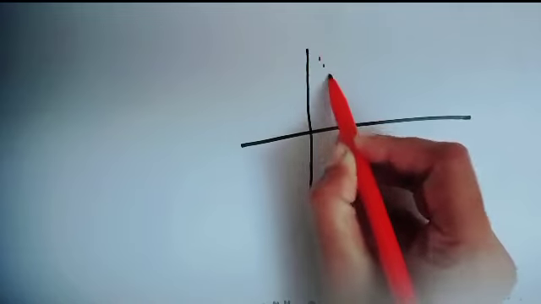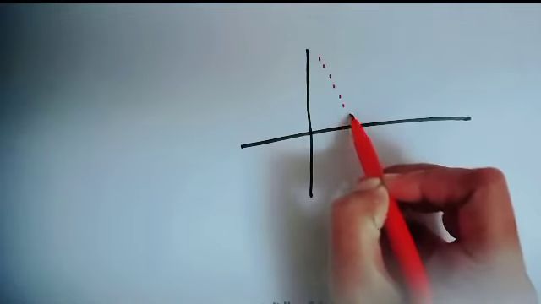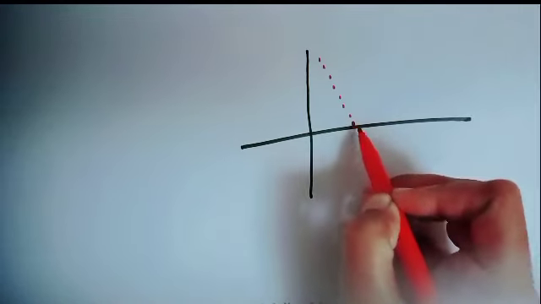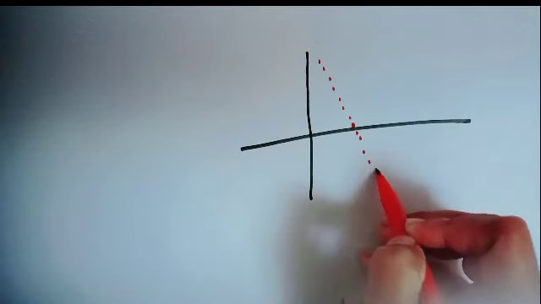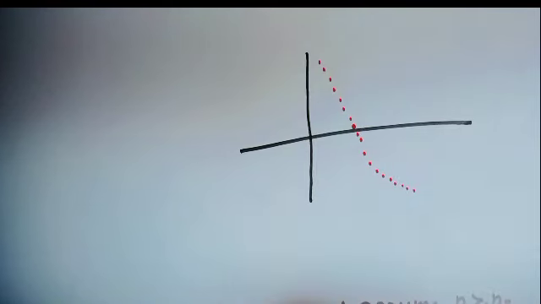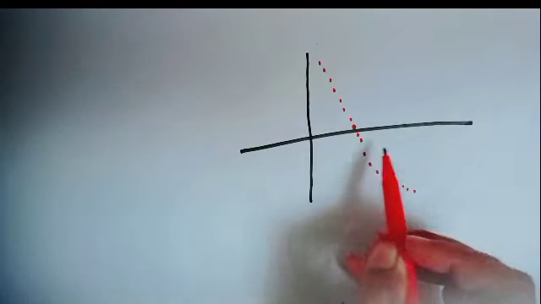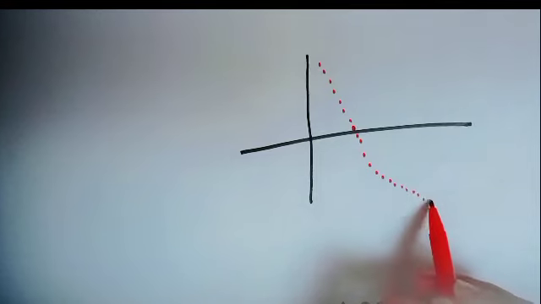Now see a decreasing sequence. This is a decreasing sequence and it crosses the axis and becomes negative. Okay, and it keeps going down, down and down. Okay?